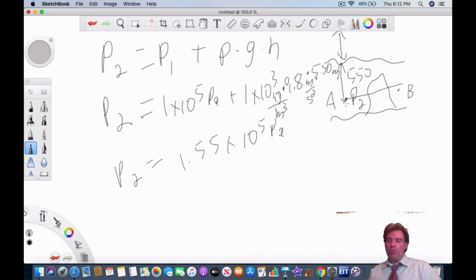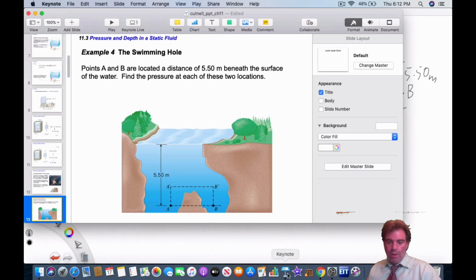So that's the pressure at A. Now, what's going to be the pressure now at B? Well, guess what? It's going to be exactly the same thing. Because why? It is still the same distance of 5.5 meters from the surface of the Earth. Make sense?